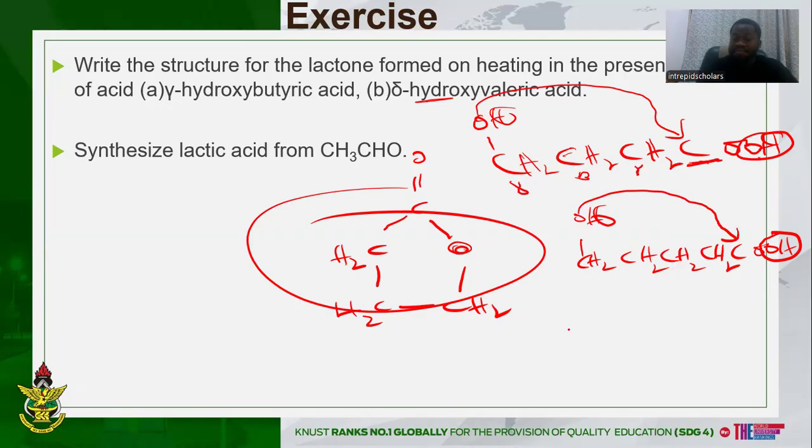Now, we are getting a 6-membered ring. If I'm drawing my 6-membered ring, 1, 2, 3, 4, 5, 6. The oxygen will be part of it. This will be my carbon 1, directly bonded here. There are bonds all over. Now, this is H2, H2, H2, H2. So this is my 5-pentanolide.